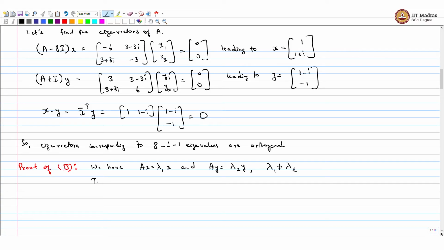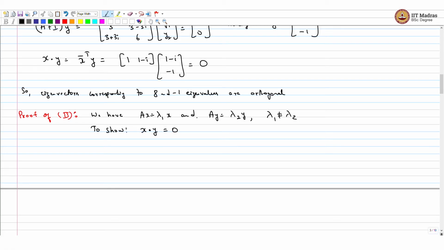And what do we have to show? To show x dot y equals 0. And how do we show this? Do this to x dot Ay. This is x dot, simply because Ay equals lambda 2 y, and this is equal to lambda 2 into x dot y.